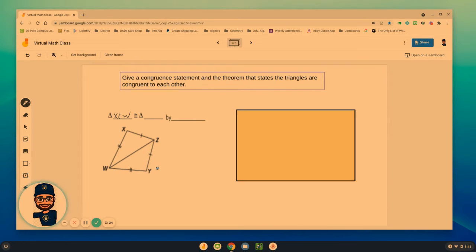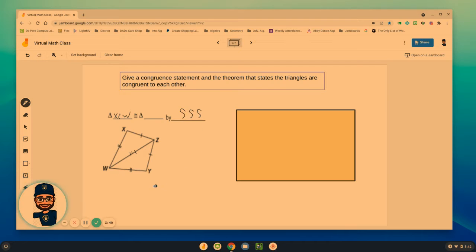I've got to figure out what matches what down here, and then figure out what theorem allowed us to say that. If you notice in these two triangles, they share this side, which makes this third side congruent to these other sides. Therefore, we do have SSS, side, side, side.